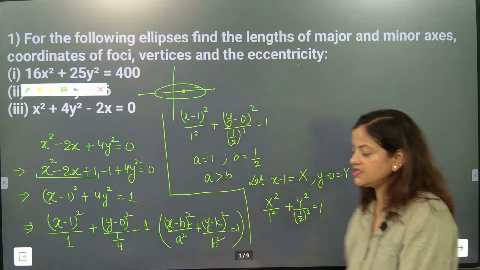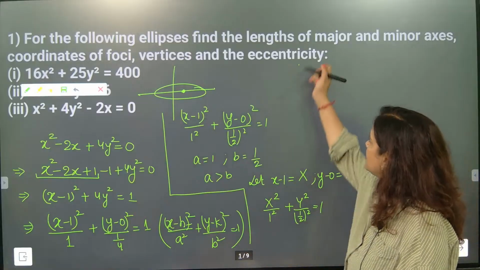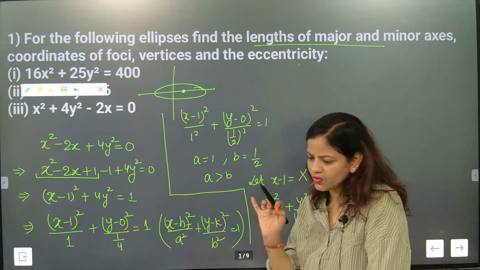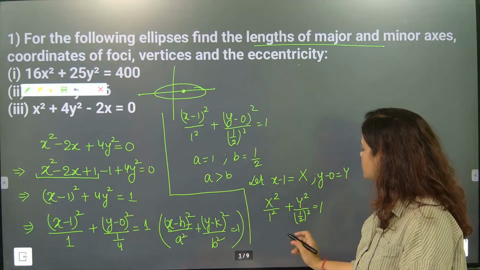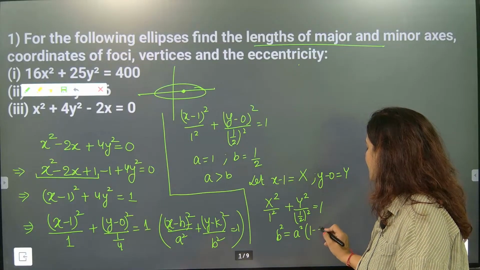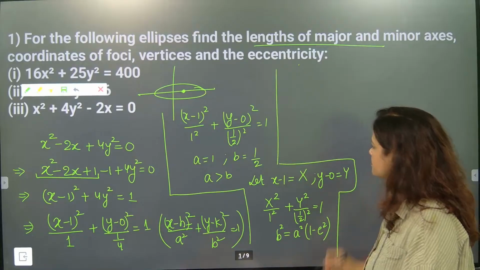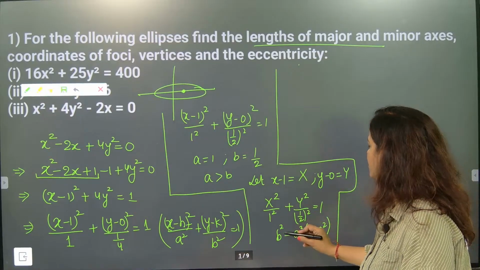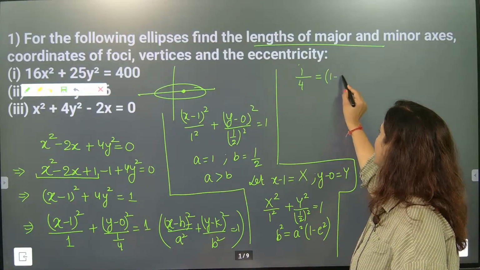First, find the eccentricity. After finding eccentricity, we will find the lengths of the major axis and minor axis. Just one minute. Now look here. For eccentricity, since a is greater than b, b square is equal to a square times (1 minus e square). B value is 1 by 2, so 1 by 2 whole square, 1 by 4, is equal to 1 minus e square.